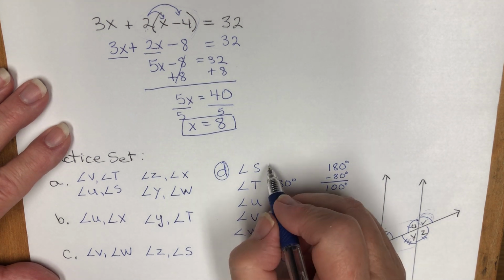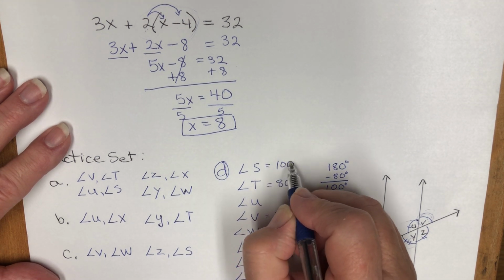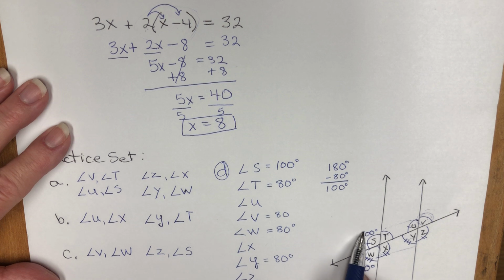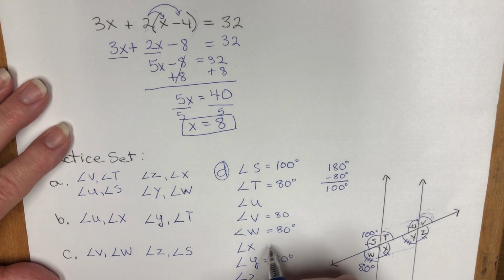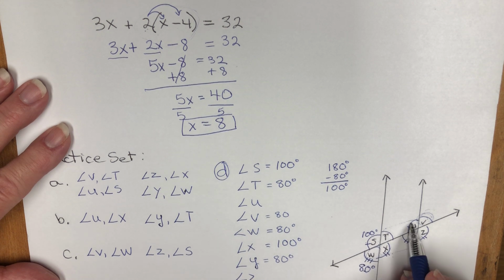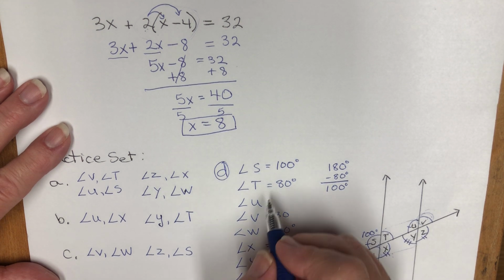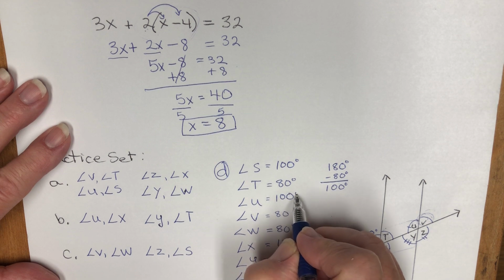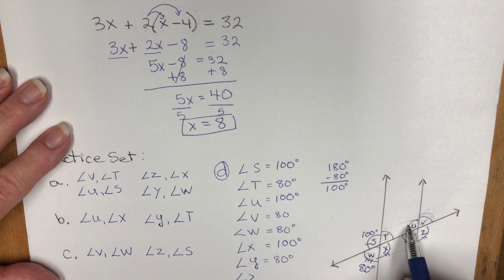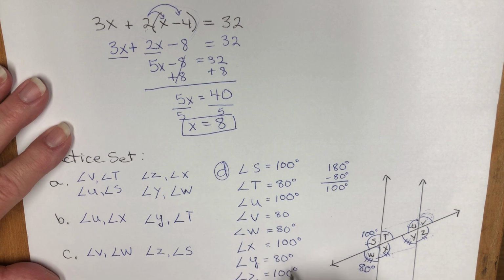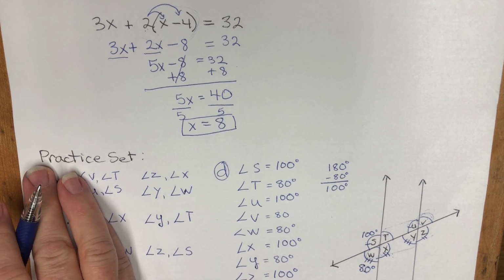So S is now 100 degrees. Using vertical angles, X equals 100 degrees. Alternate interior angles, and U equals 100 degrees. And then vertical angles, Z equals 100 degrees. And that's all there is to it, guys.